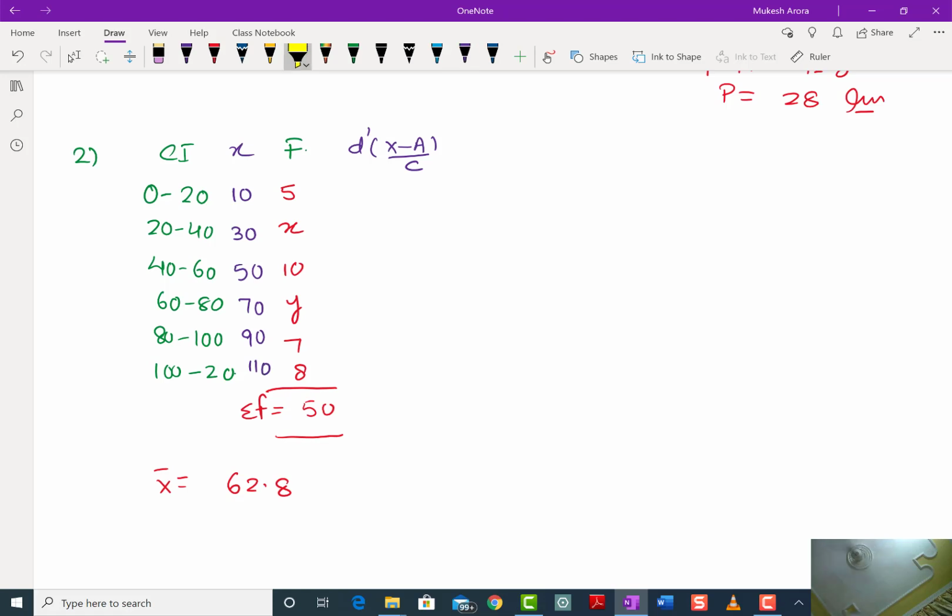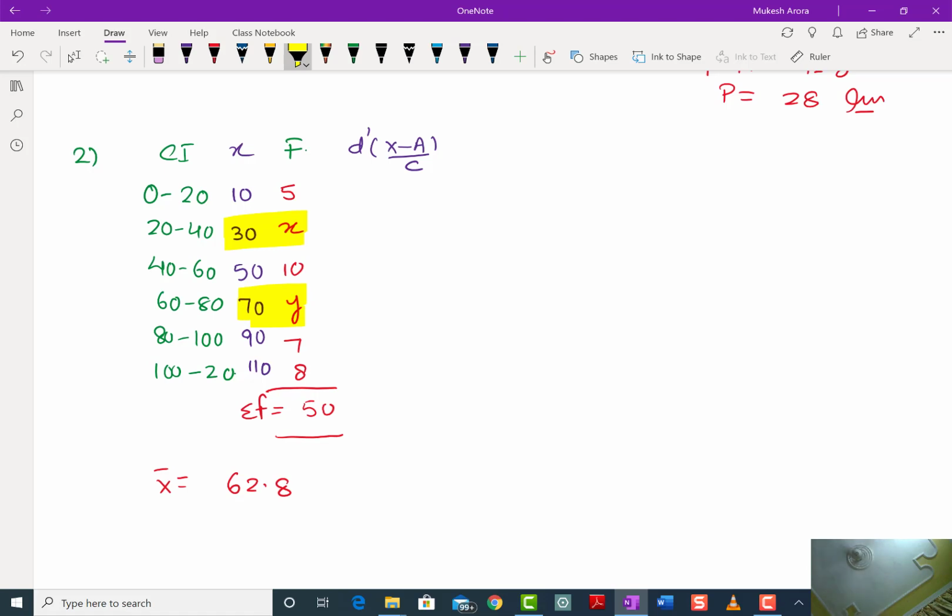So now, as we discussed in the last question, we have to take the assumed mean pertaining to the missing frequency. Now, in this question, there are two missing numbers, x and y. Then what to do?